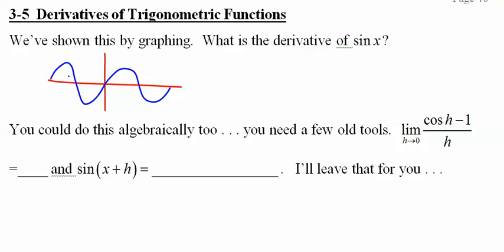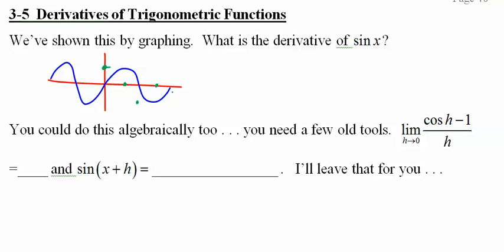And if you plot the derivative of sine of x, say right about here, the derivative is 1. Right here it's 0. Right about here it's about -1. Right about here it's 0.